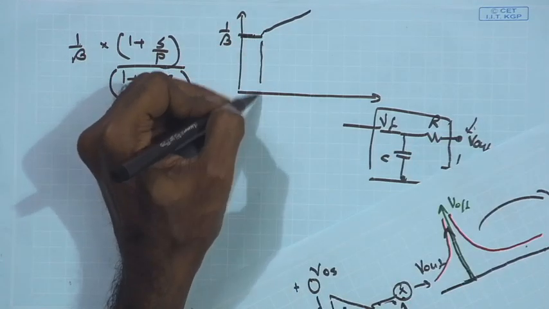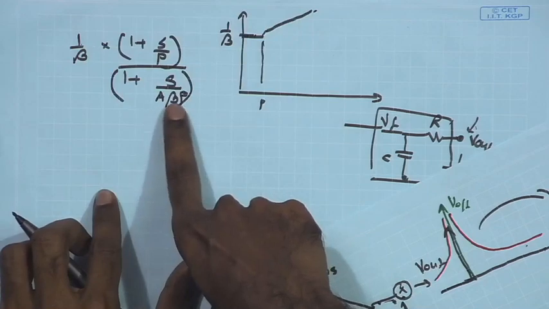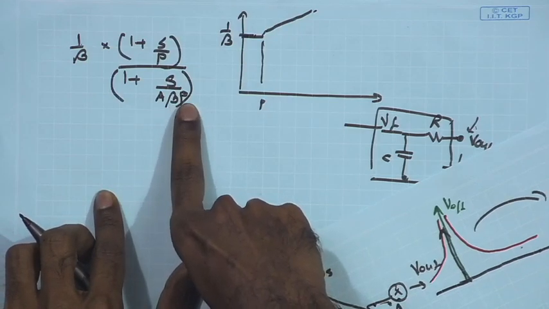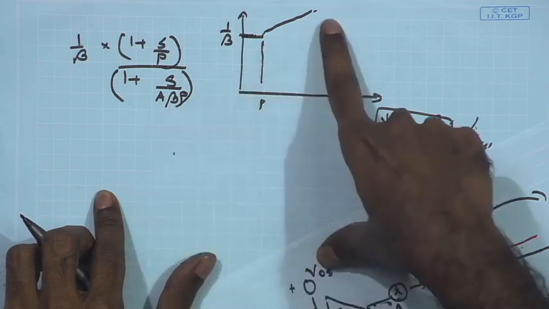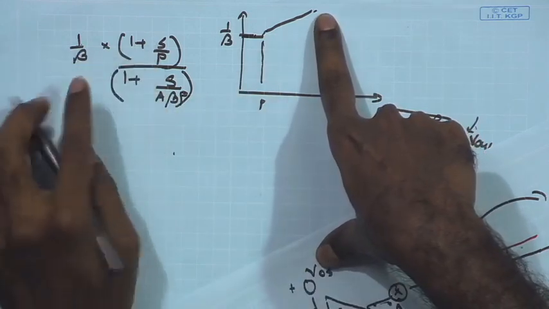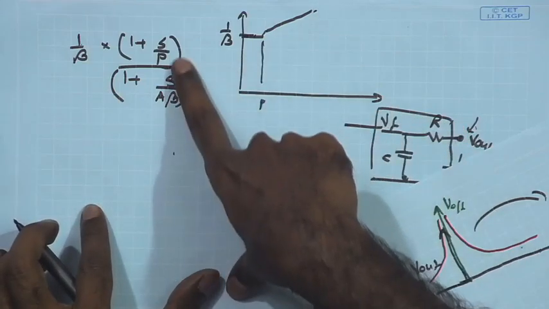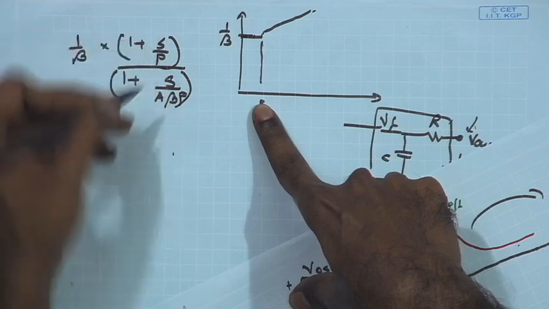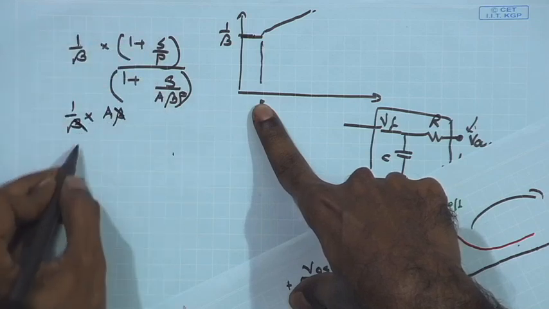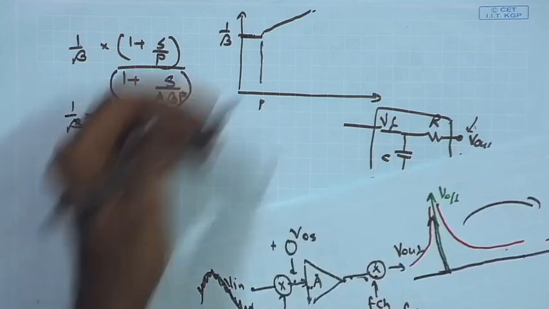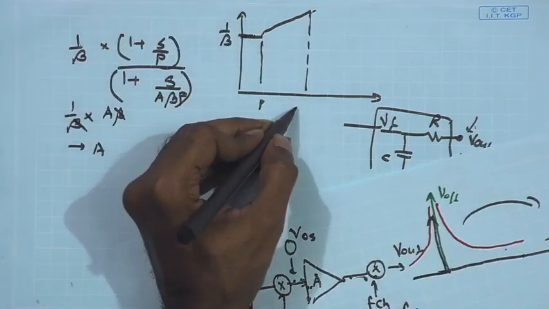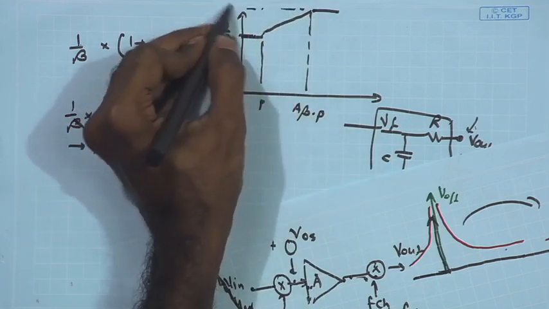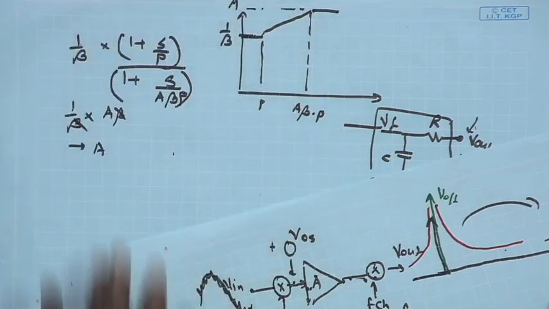Till what point does it increase? You have the frequency AF beta times p. After the frequency AF beta times p is reached, the overall s factor will cancel out, and as a result you will be getting 1 upon beta times AF beta, that means just AF. That is, after the frequency AF beta times p, the gain of the loop reaches AF, which is the desired gain for your signal.